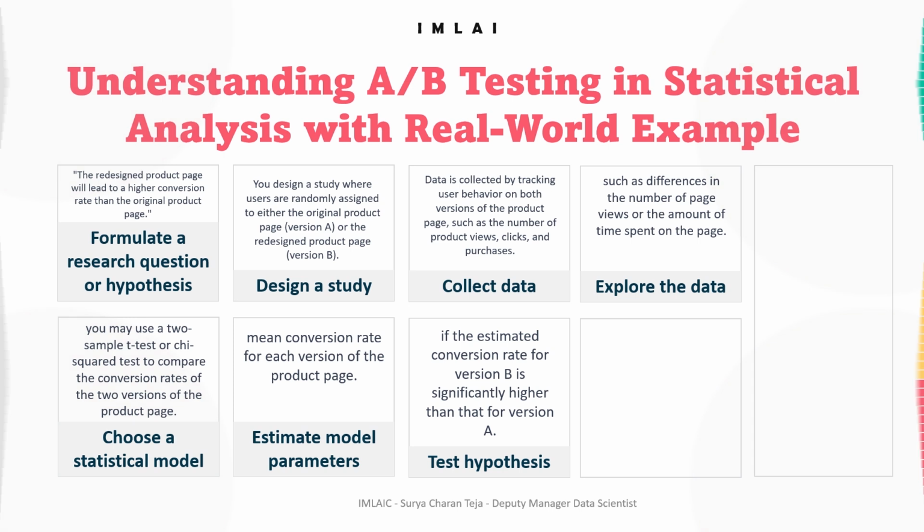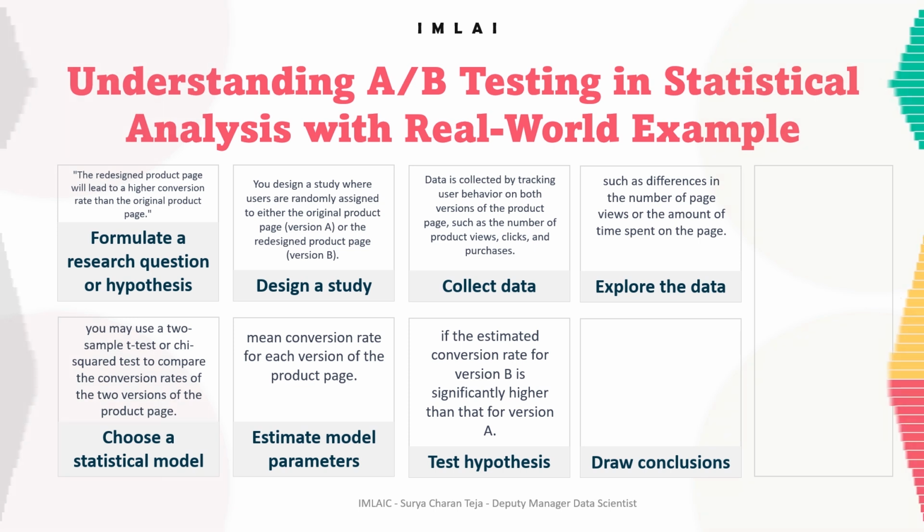And with that, it's time to draw conclusions. Let's draw conclusions based on the results of the hypothesis test. You draw conclusions about which version of the product page leads to higher sales. For example, if the hypothesis test indicates that the redesigned product page has a significantly higher conversion rate than the original product page, you may conclude that the redesigned product page leads to higher sales.